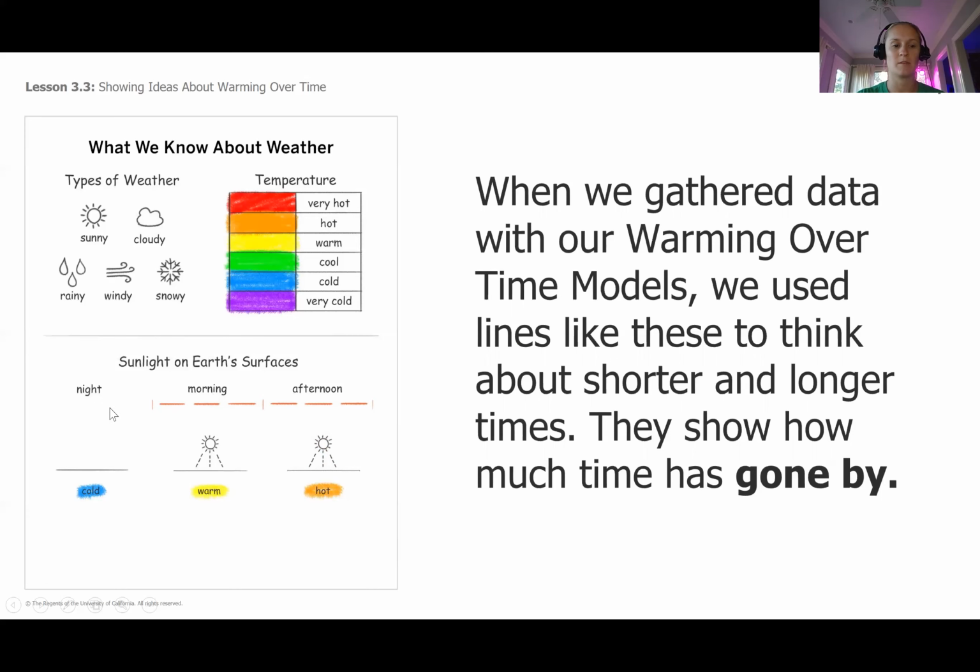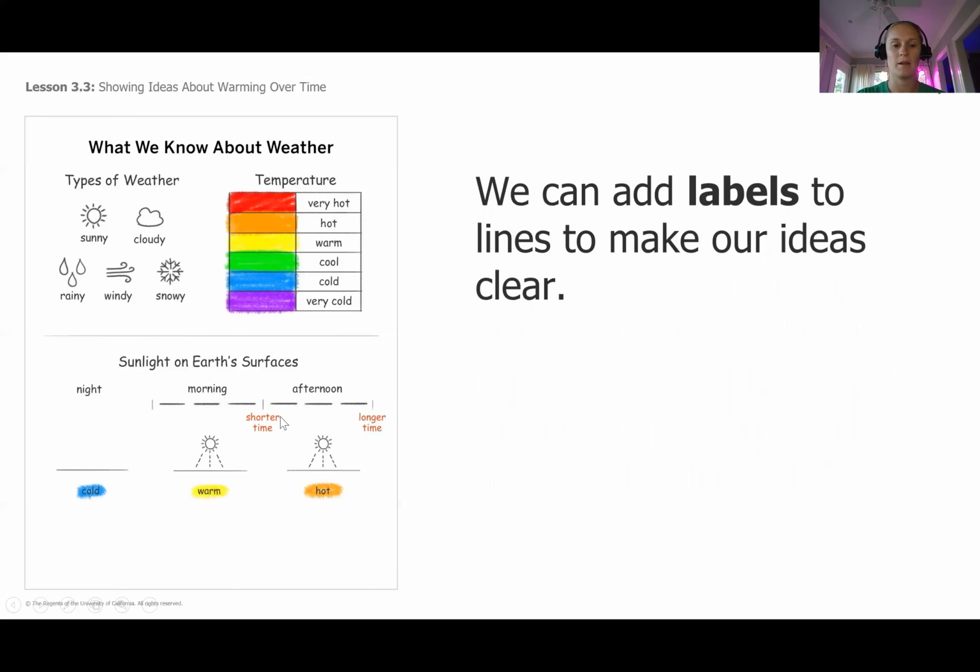So no time has gone by out here. There's no sun during the nighttime, but there is in the morning and afternoon. Okay, and I'll just write in there, in the morning, the sun's been shining for a shorter time, and in the afternoon, the sun's been shining for a longer time. So that's why I added those labels there.